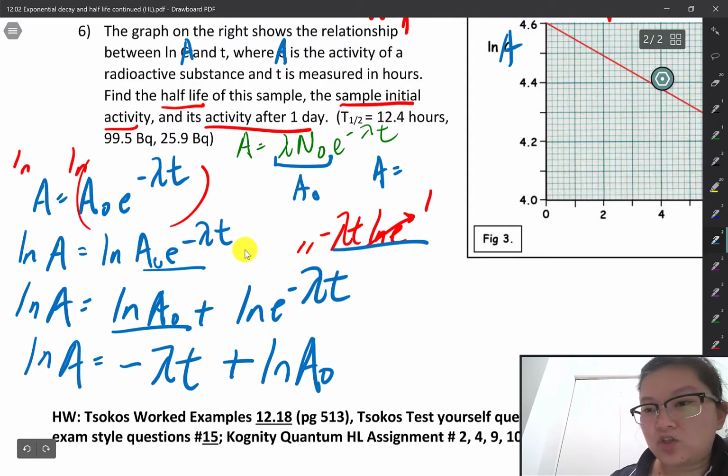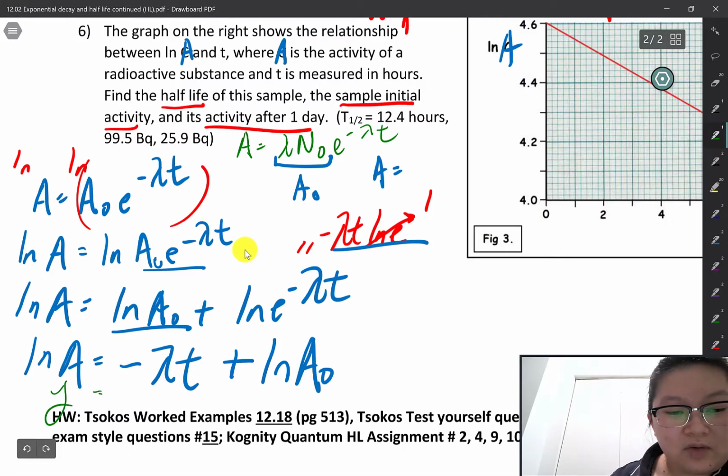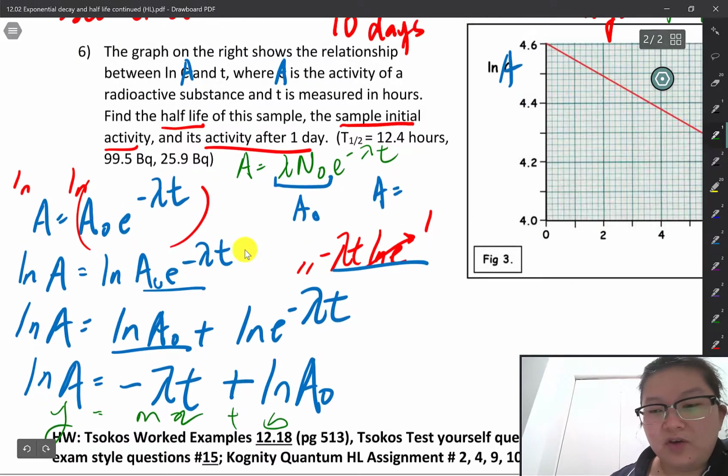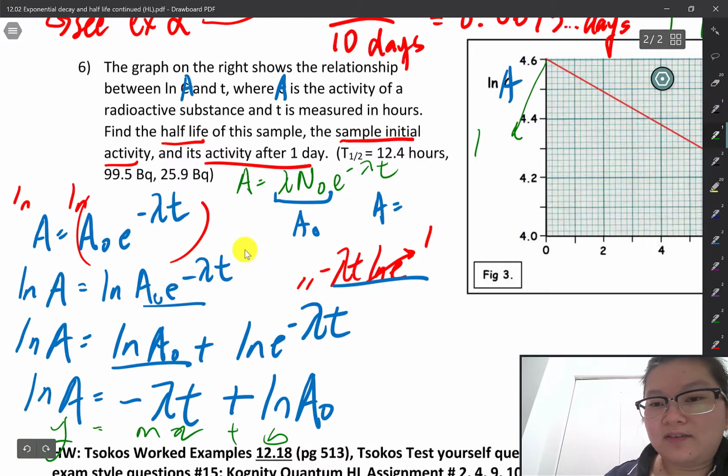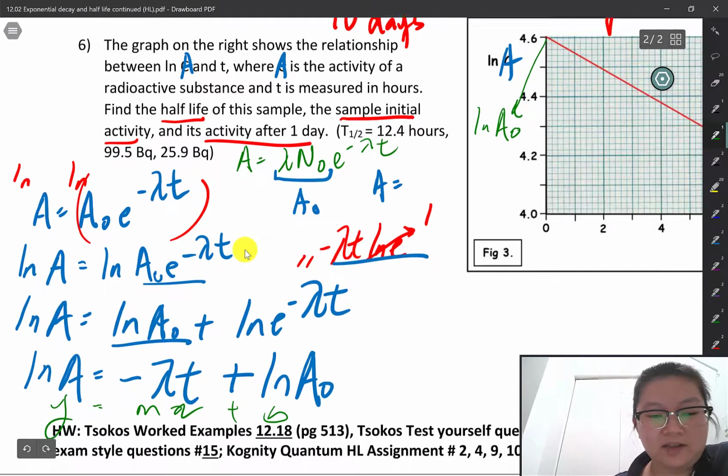Which we have just shown, comparing this to y equals mx plus b. The b value, the y-intercept here, is essentially the ln of the initial activity, which is going to be useful later on.